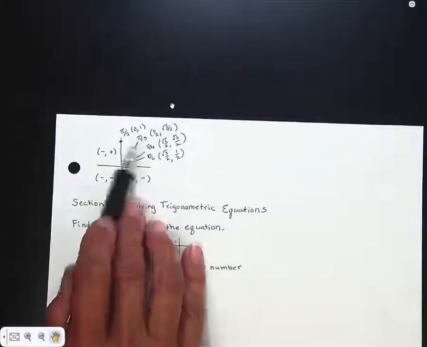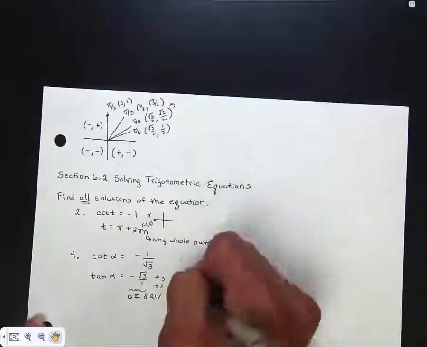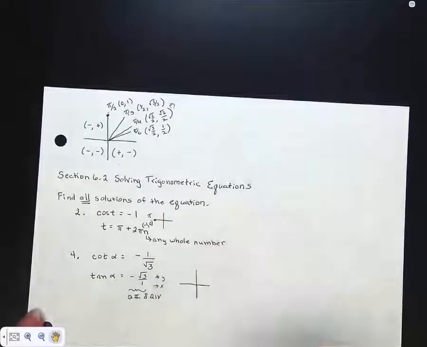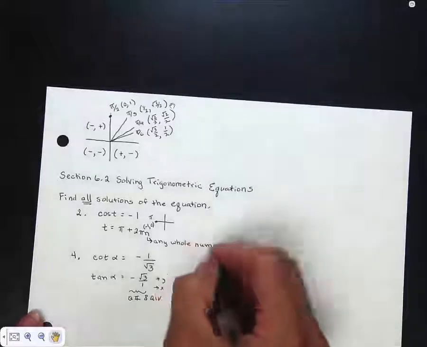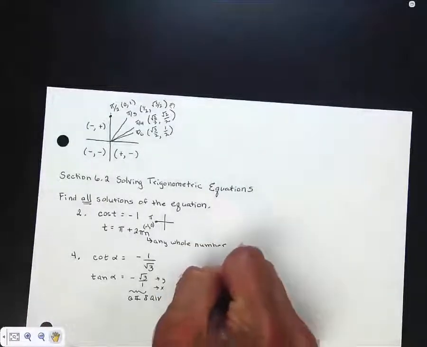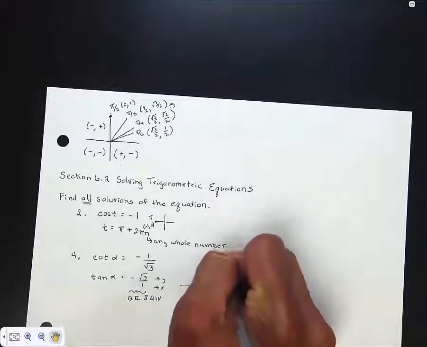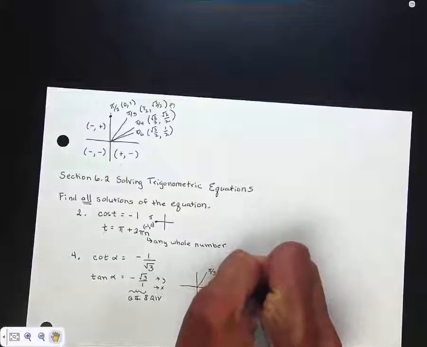Since we're looking for where tangent is negative square root of 3, and we've already determined that's in the second and the fourth quadrant, I just want the two reference angles in those two quadrants. The pi over 3 in the second quadrant, here's pi over 3, let me just put that. Pi over 3, the coordinates are 1/2 and square root of 3 over 2.